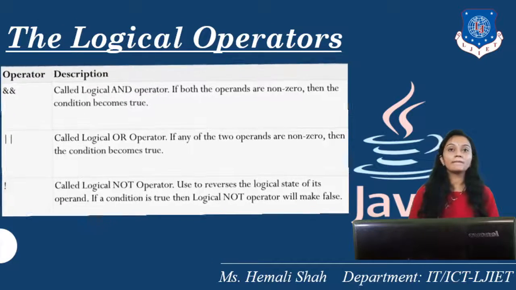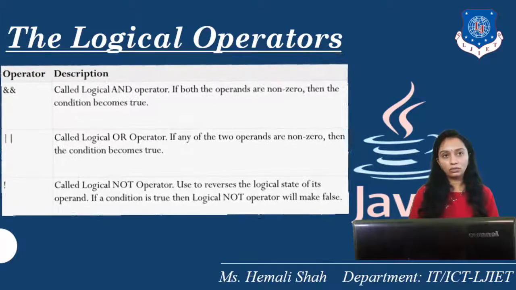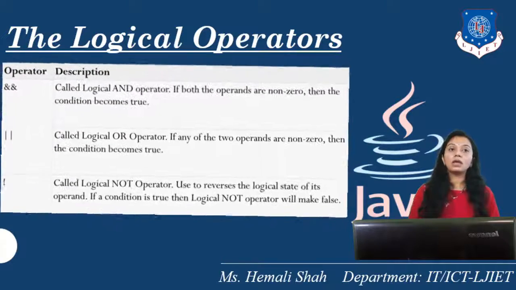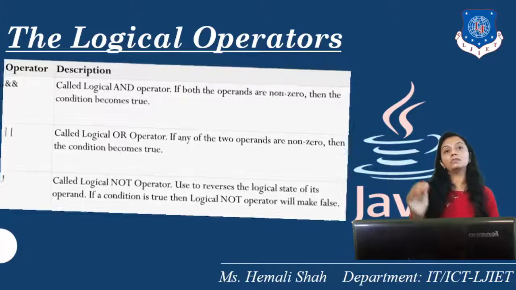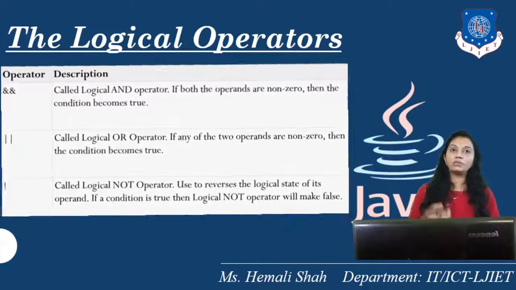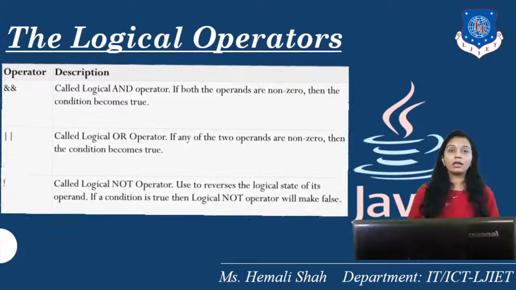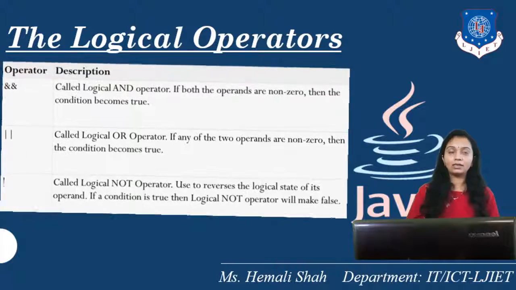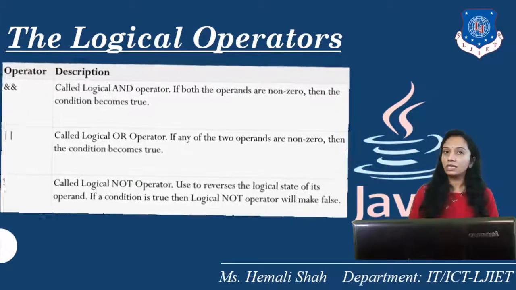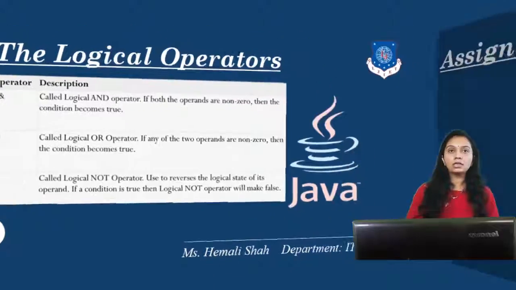The conditional OR is the logical OR operator, and NOT is the logical NOT operator, right? It performs left to right, and it performs the AND operation between the results of the expressions that you have used in the condition. We generally use this in if, for, and while loops, right?